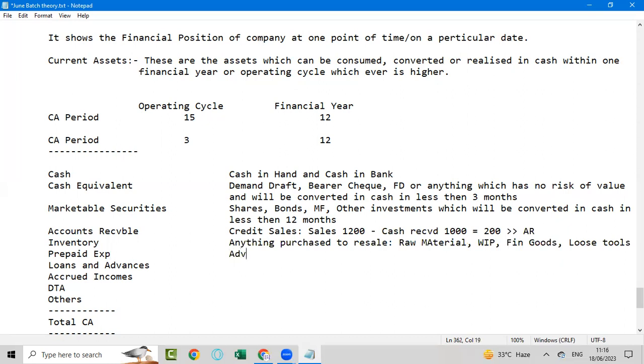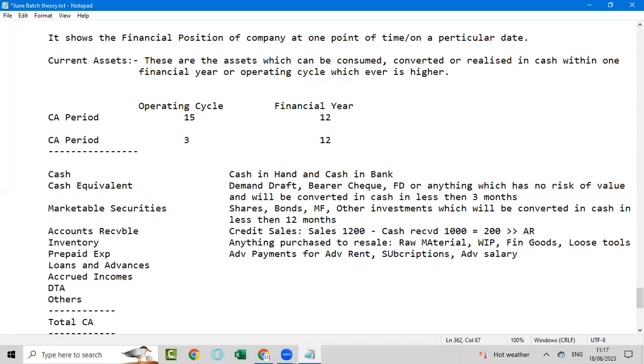Then prepaid expense: advance payments, let's say advance rent, subscriptions, advance salary.